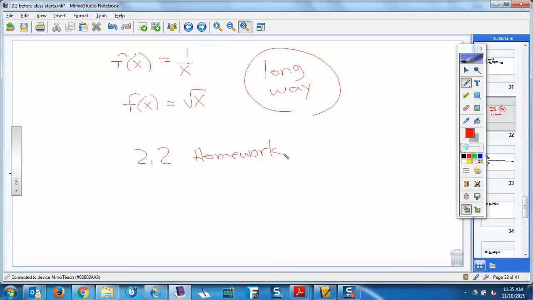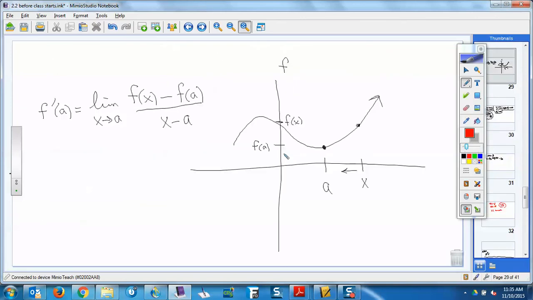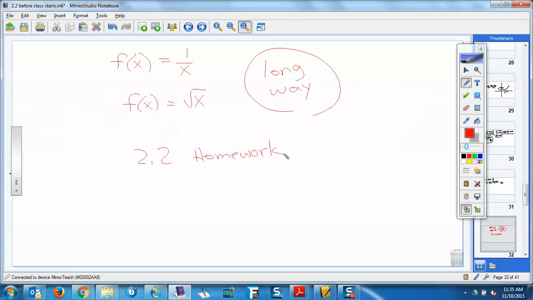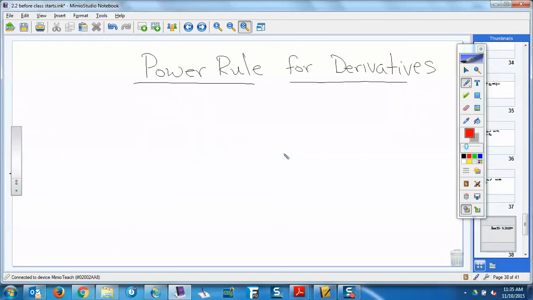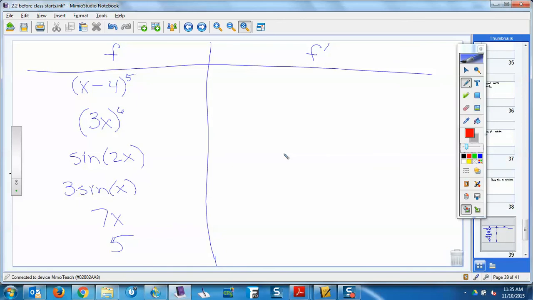Otherwise, I think they give you some of these, where they tell you to find a formula for f prime. So what they're wanting you to do is just, 5 times x minus 4 to the 4th. That's a formula for f prime. So they're saying use the shortcut there. I think for those in the book, you're doing the shortcut most of the time. Okay? All right.